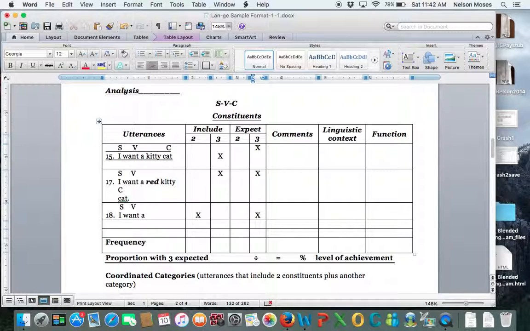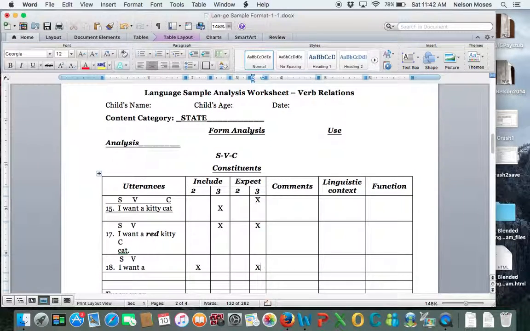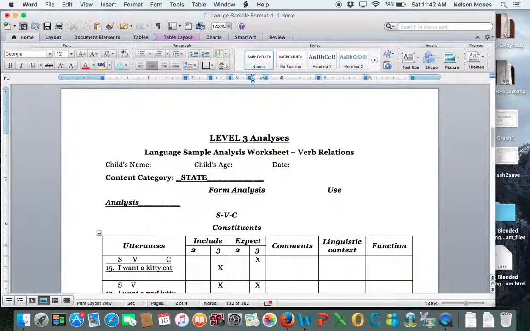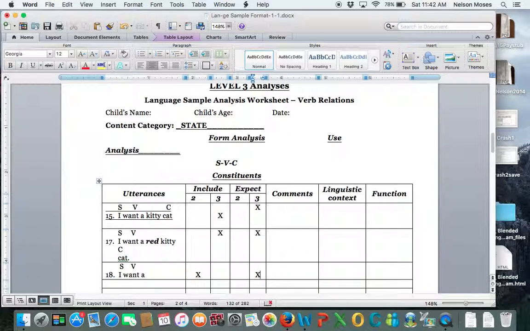Following me on this? You'll have a page for every type of verb relation content category you identify. You'll have a separate level 3 analysis page, and you'll put all similar content category utterances on the same page. So you'll have one page with multiple states, and another page with existence utterances, but a separate page for each type of content category.